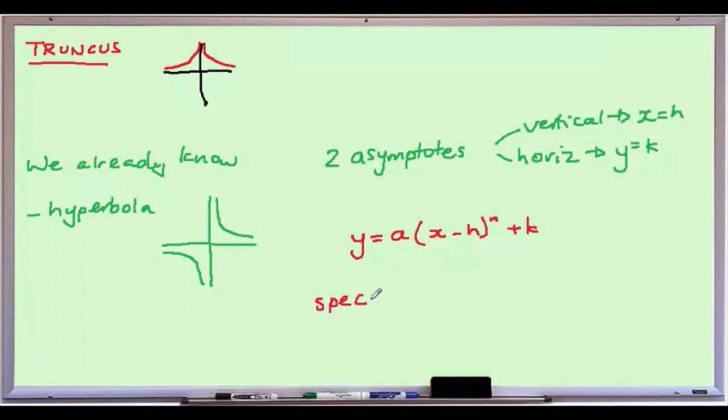When we're dealing with shapes like the truncus or the hyperbola, h and k are the equations of my asymptotes. A is still the dilation. So I can write here that A is the dilation. Now, if you're familiar with all of this for the hyperbola, then we're ready to have a look at the truncus.